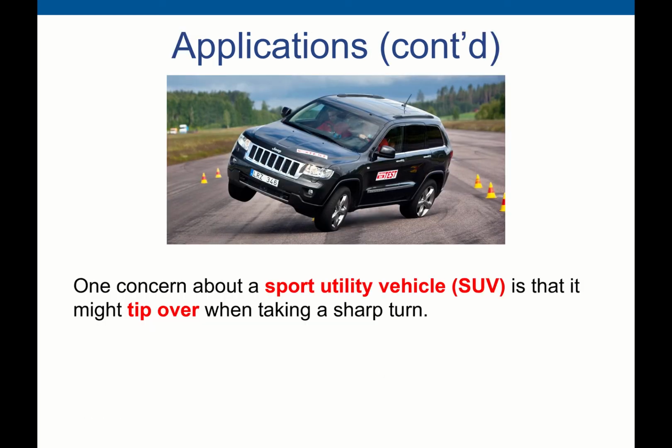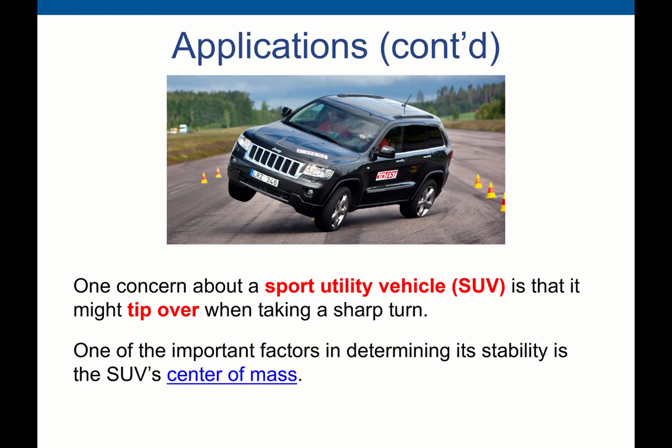Another one is when we design the sports utility vehicle, the SUV. One concern when we design the SUV is a tip over when you make a sharp turn. Since the SUV has a relatively higher center of gravity above the ground, we may need to adjust the center of gravity to avoid unexpected situations.